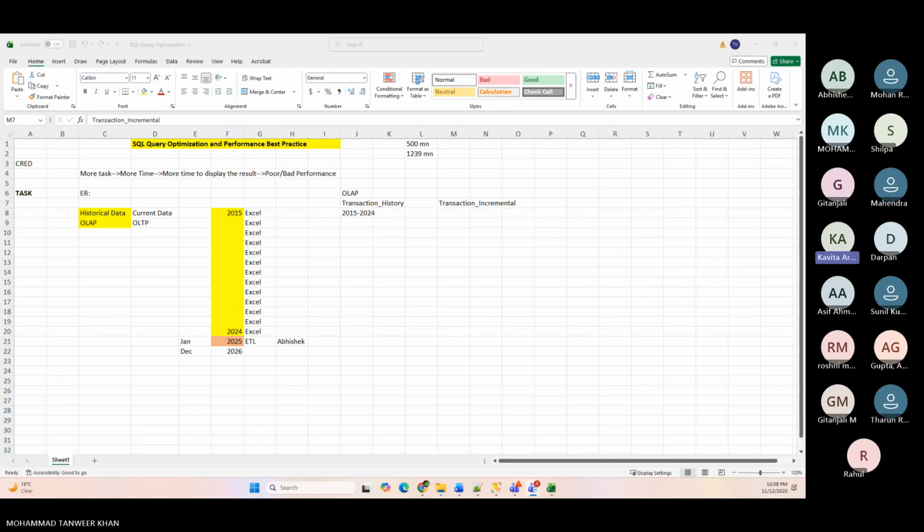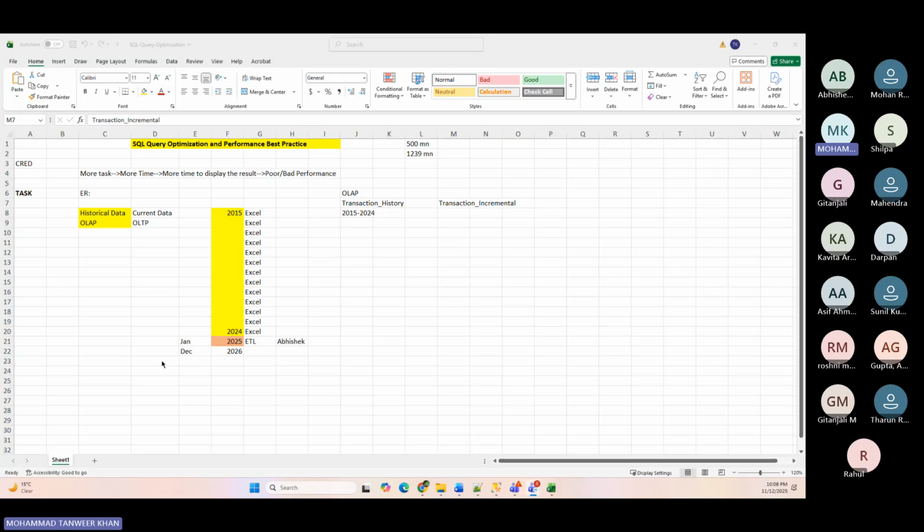Another question is, you are saying that after getting the data in the incremental table, after some years we will move the previous data also into the history table, right? So it will append to the history data, like we will have the data from 2015 till 2024, and then we will append the data.